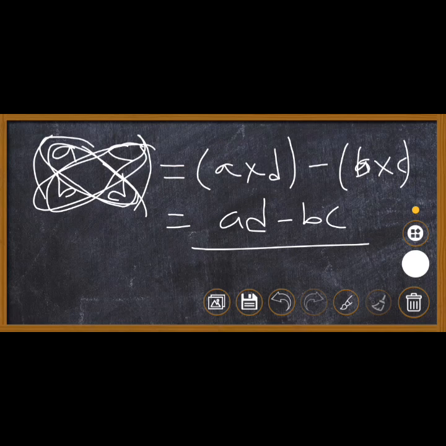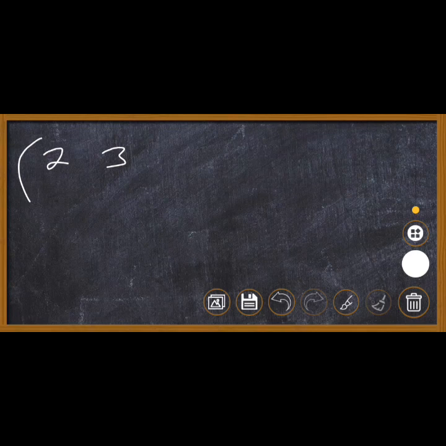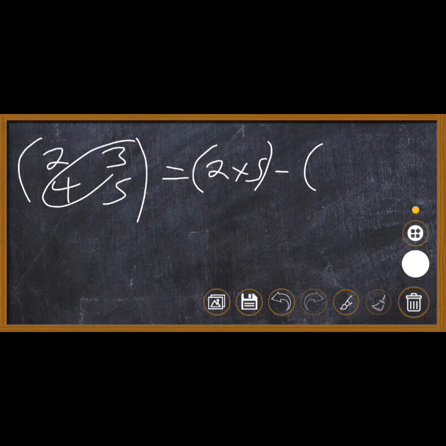So let me give an example. Let's say you have 2, 3, 4, and 5. To find the determinant, the major diagonal in this case is 2 and 5. So you multiply 2 and 5, you subtract, then this time you multiply the minor diagonal, that is 3 and 4.